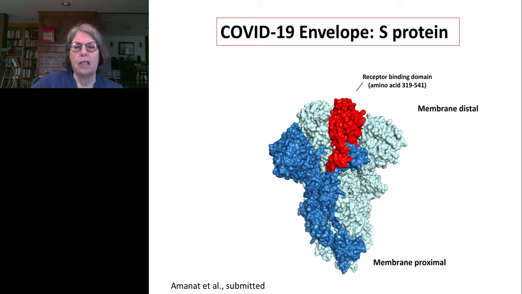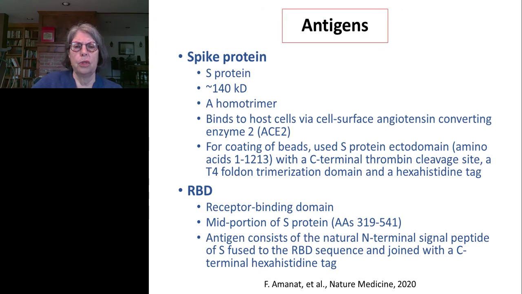The upper part of the structure, where the receptor binding domain resides, is the distal portion of the S protein. Now, in terms of the antigens that we use in the assay, we use the spike protein, as I said, and the receptor binding domain, abbreviated as RBD.